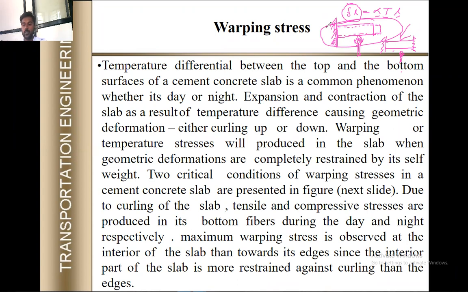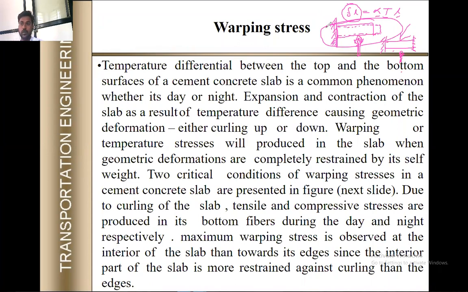The maximum warping stress is observed at the interior of the slab rather than towards the edges, since the interior part of the slab is more restrained against curling. As we have seen in the figure, the interior is more restrained against curling, so warping stresses are maximum at the interior portions.